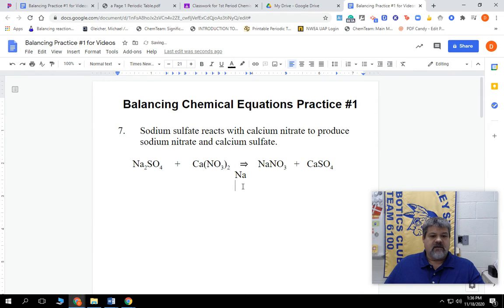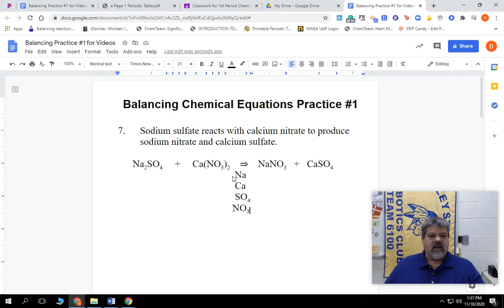We're going to put our Ca down here, Ca. And then our next one will be our sulfate, SO4. And then we're going to do our nitrate, NO3. So we have all four things: our sodium, our calcium, our sulfate, and our nitrate.